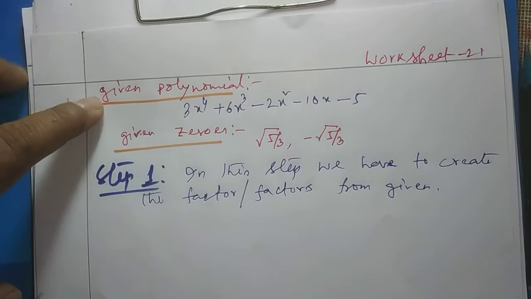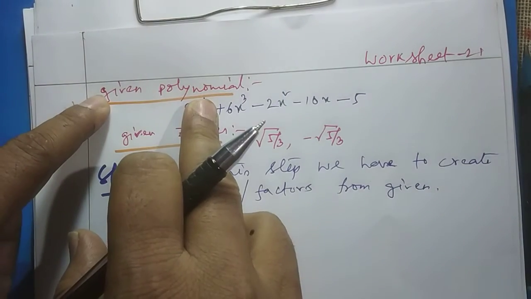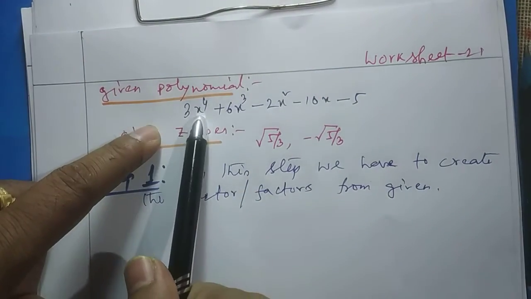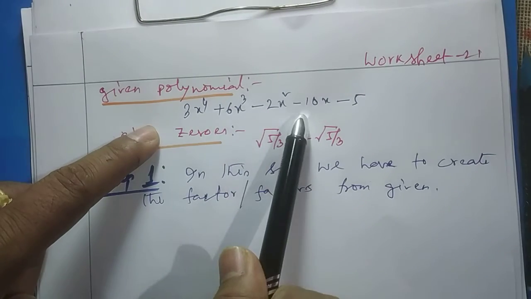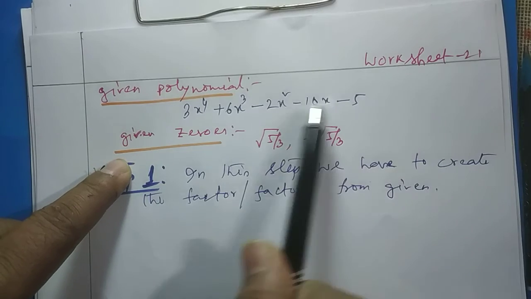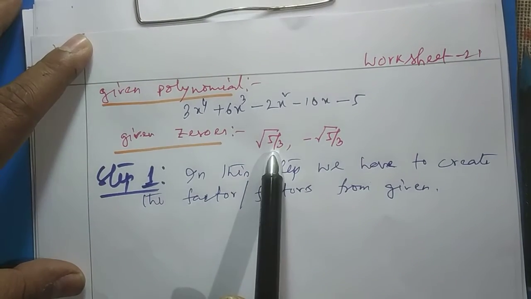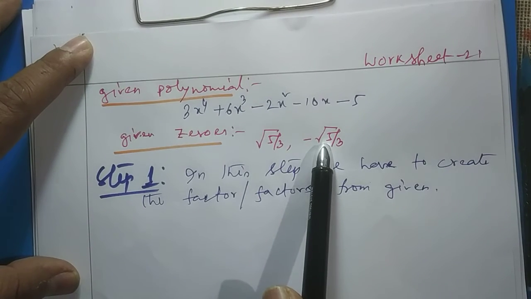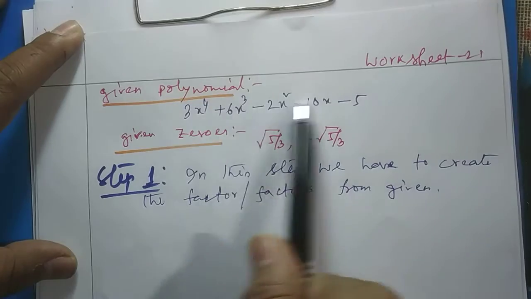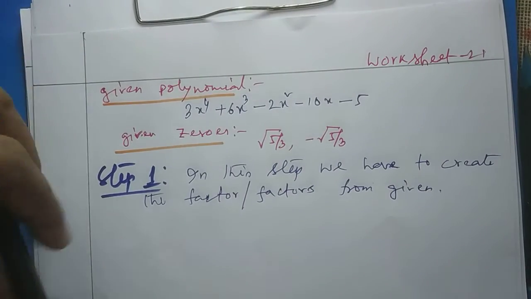Now let us see what is given. Here one polynomial is mentioned. What is that? 3x power 4 plus 6x cube minus 2x square minus 10x minus 5. At the same time, some zeros are mentioned, and these are root over 5 by 3 and minus root over 5 by 3. Correct? Now look at the polynomial and tell me what is the degree of that.